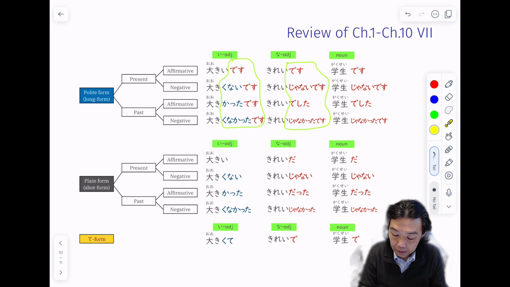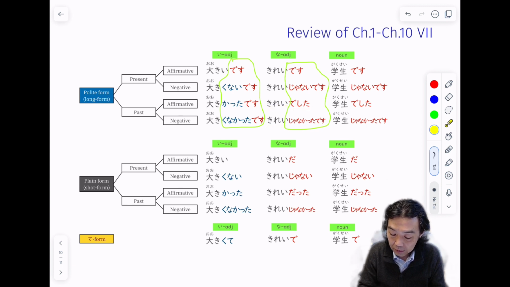So let's practice. 綺麗です、綺麗じゃないです、綺麗でした、綺麗じゃなかったです。有名です、有名じゃないです、有名でした、有名じゃなかったです。Okay?